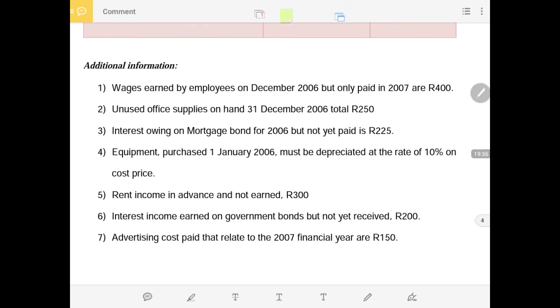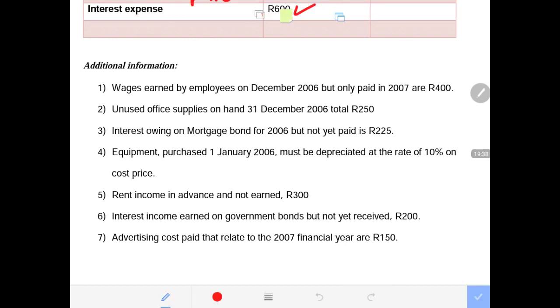Now in our adjustment we are told that wages that were earned by employees. Remember, the minute you earn an amount, it means you're supposed to receive it. These employees were supposed to have received salaries for the month of December, but these salaries were not received by our employees, yet they were supposed to have received them.